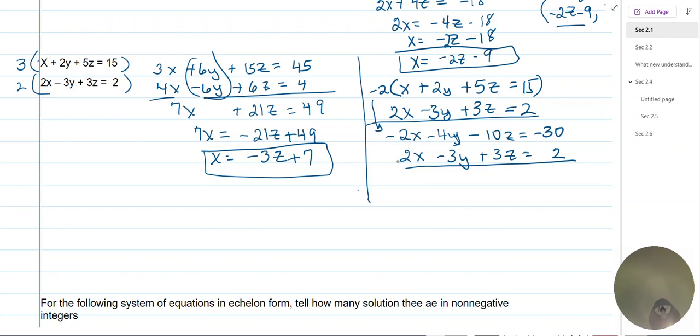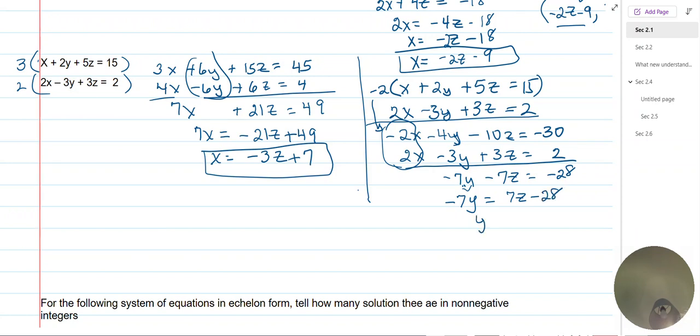So here I go. This zeroes out. So now I'm going to have a negative 7y minus 7z equal to a negative 28. Going to work nicely. 7y equals a 7z minus 28.